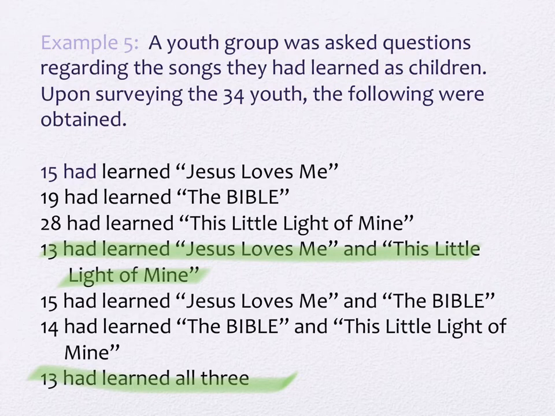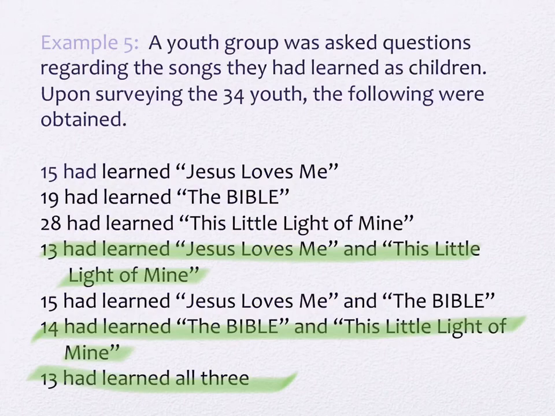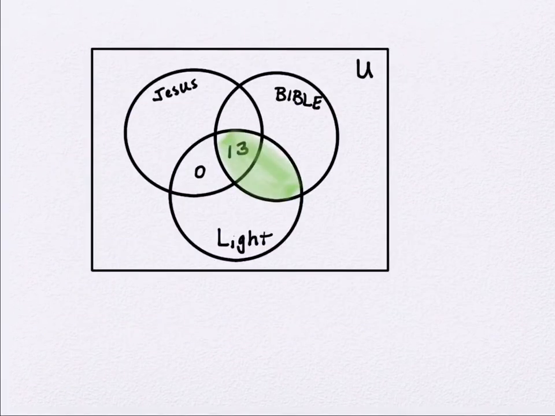What's next? You have the Bible. Sure. So this 14 was the Bible and This Little Light of Mine. So over in our diagram, that's this piece. They're supposed to add up to 14. I've already got 13, so how many am I missing? Just one. So there's a 1 right here.